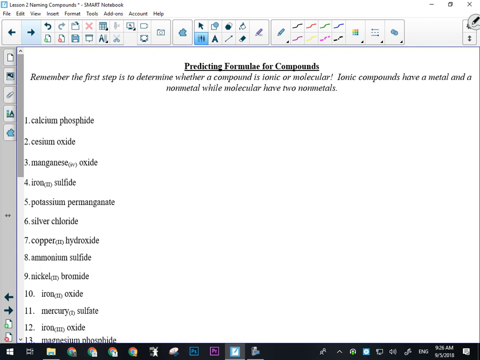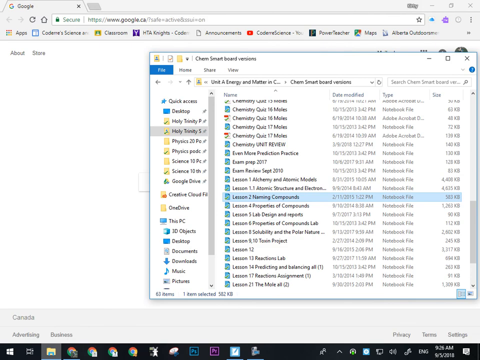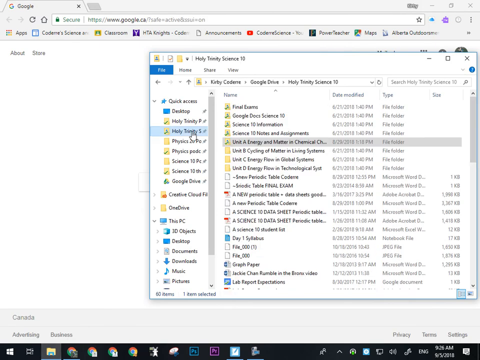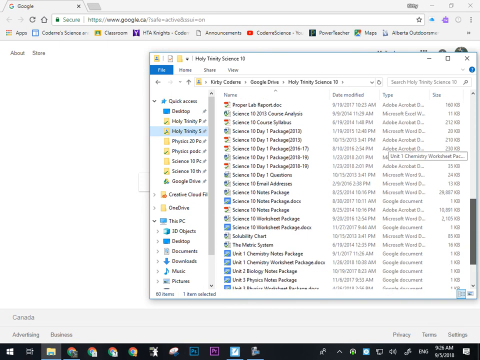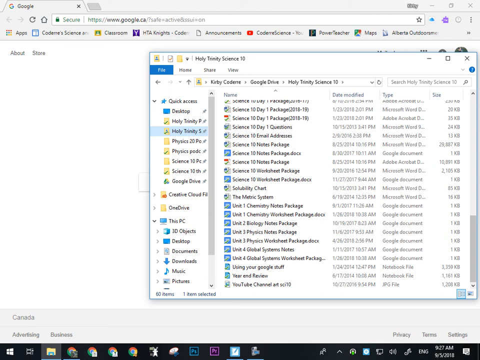All right, so in your chemistry workbook package, if we open that up, right after the atom questions, you'll see a bunch of worksheets on naming.